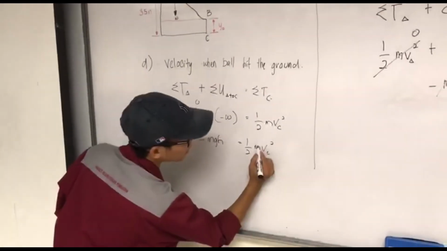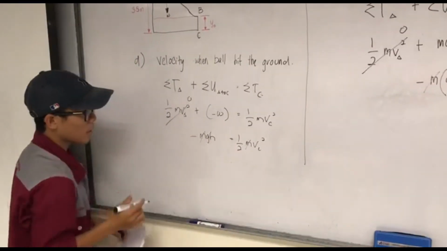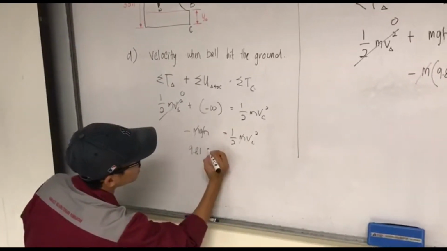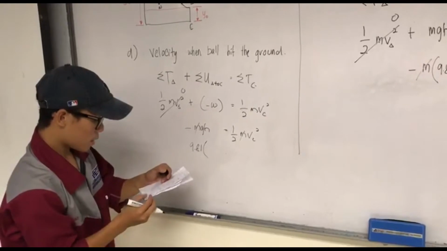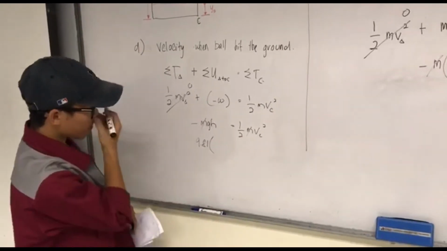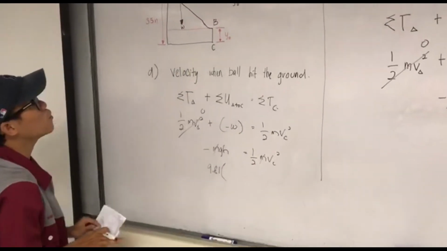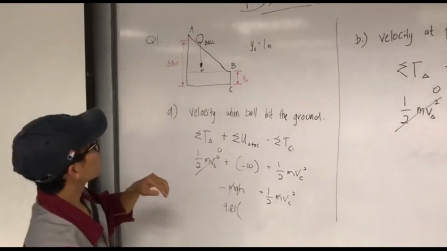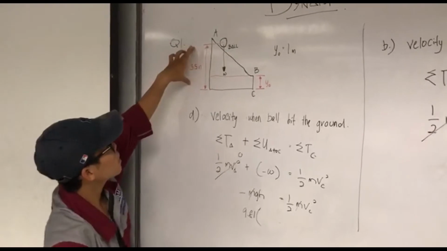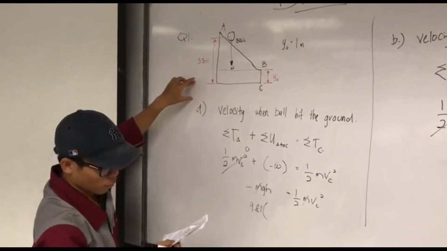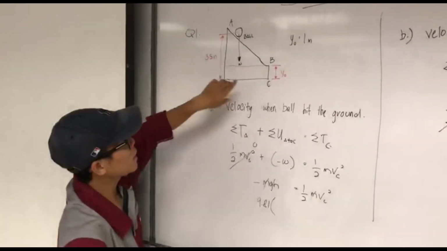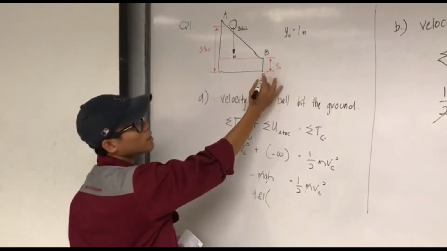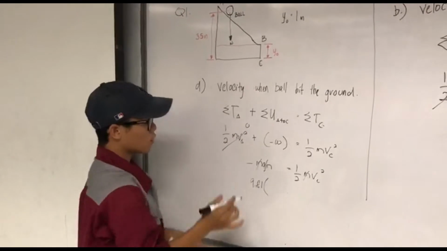So we can cancel the m because it is not given, and then gravity is 9.81 times height. The height from the ball to the ground, we get 3.5, and the height at the ground, at point C, is 0.